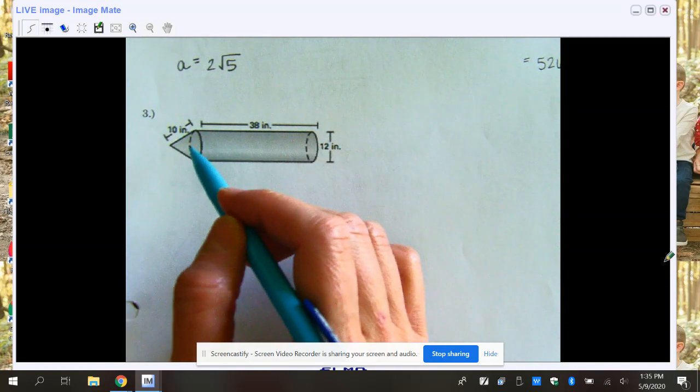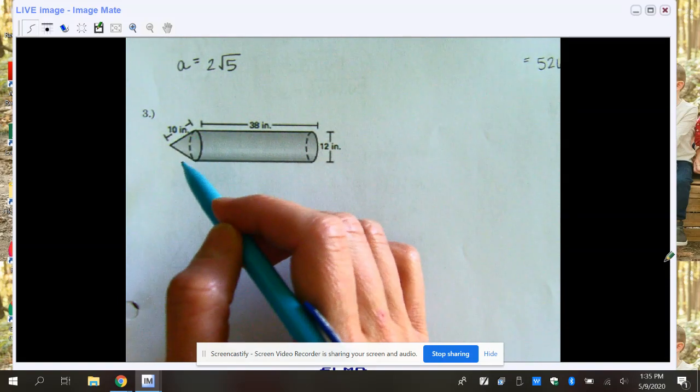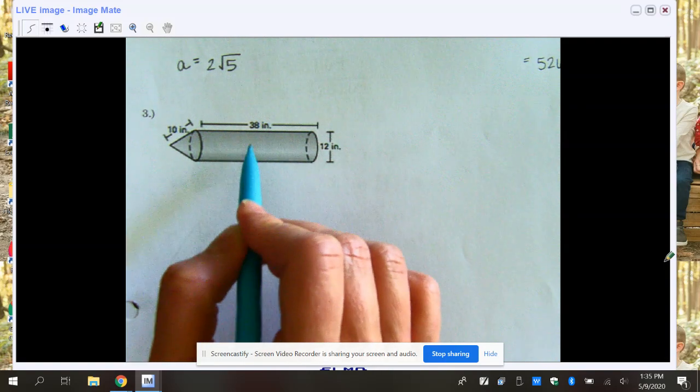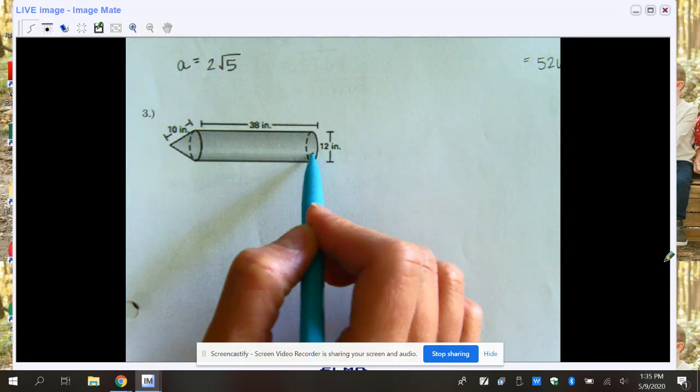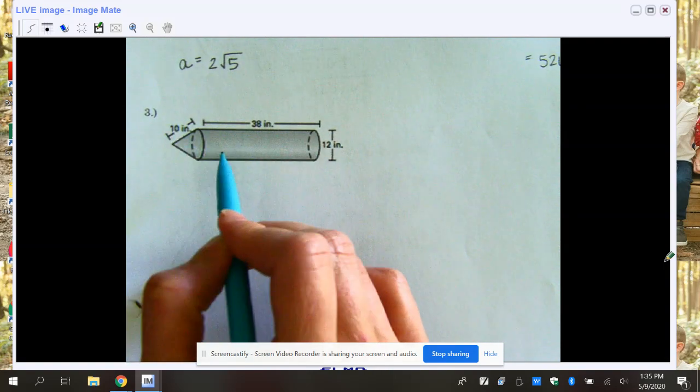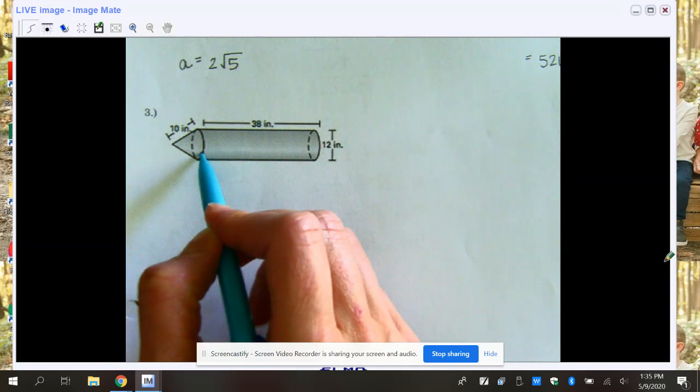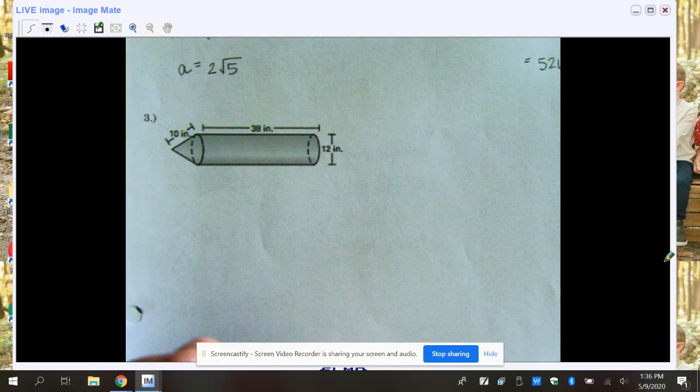So we would only wrap like the outer part of this and the outer part of this and one base. So we would get rid of the pi r squared from the surface area of a cone, and we would get rid of one of the bases for surface area of a cylinder.